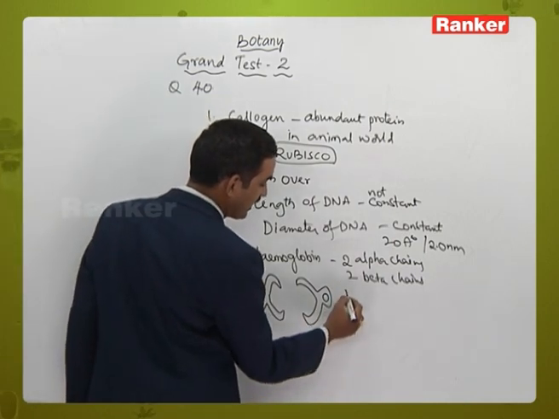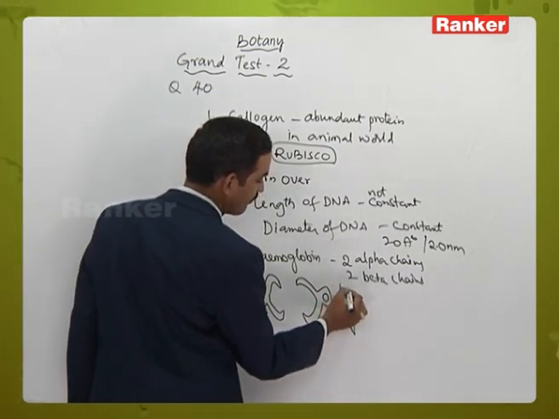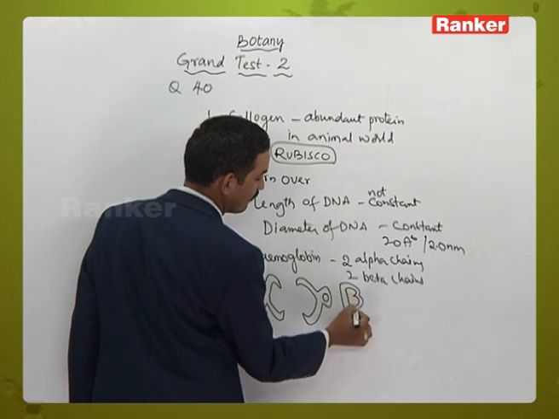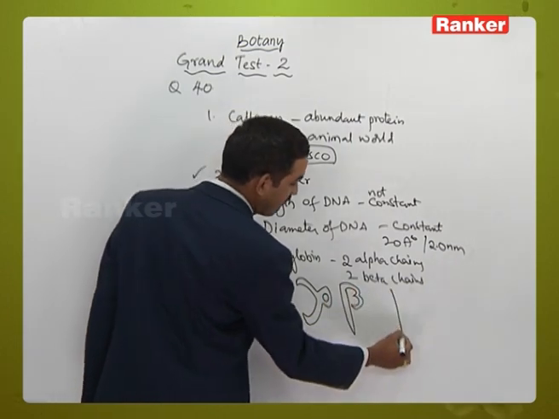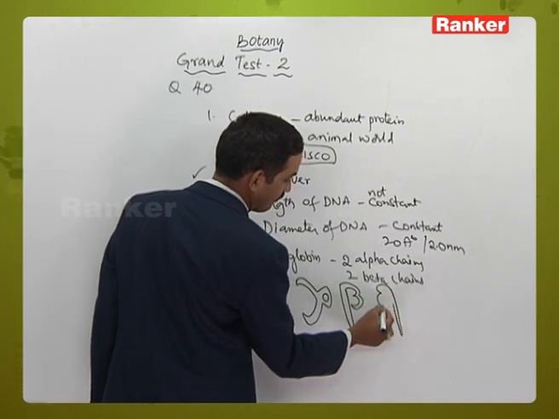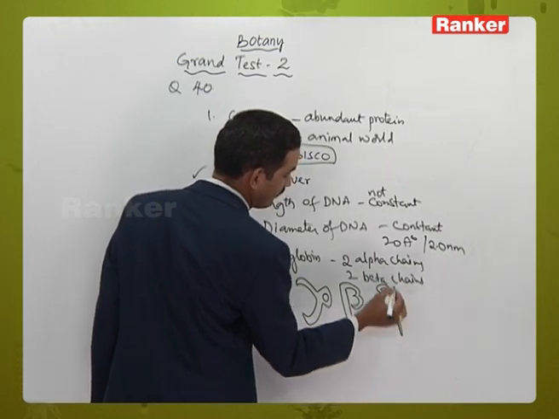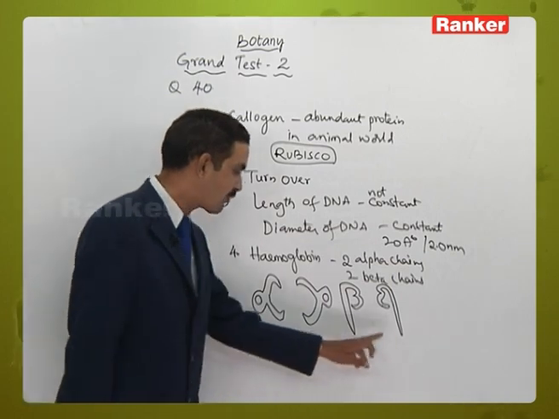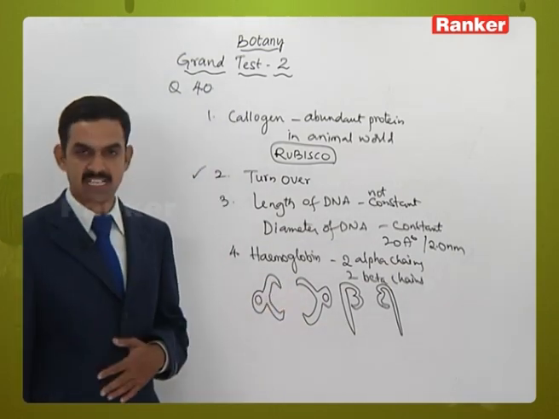And beta chains: one beta chain will be like this and the other beta chain will be like this. So a total of four chains are there, 2 alpha chains and 2 beta chains.